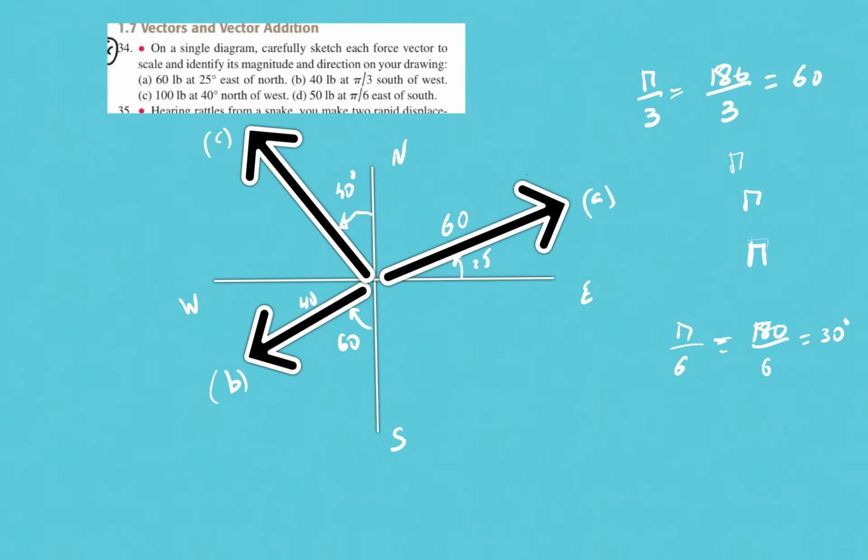You can scale this, not like I do it, because I'm not scaling anything. You can do it really well on good paper with all the squares. If you do it carefully and measure the angle well, you can make a good picture. But I'm not going to do it because I know you can do it.